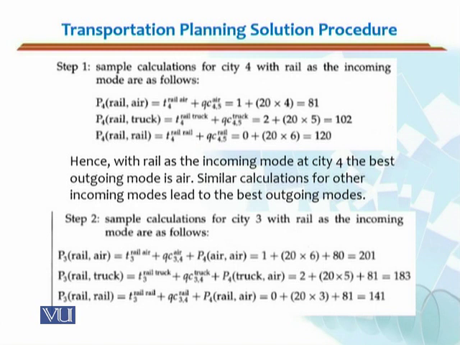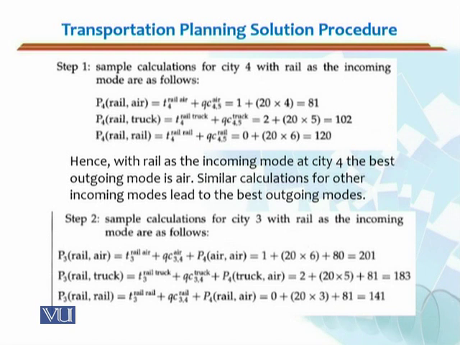That would be the transfer cost from rail to air, T3 rail air, plus Q times C34, the cost for the city pair 3 to 4 by air, plus the previous cost P4, which is coming from the city 4 solution for air. That is the backward induction concept: you have to take the solution from the last city, the stage which you have already solved. The cost comes out to be 201.